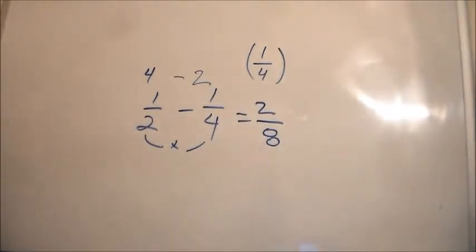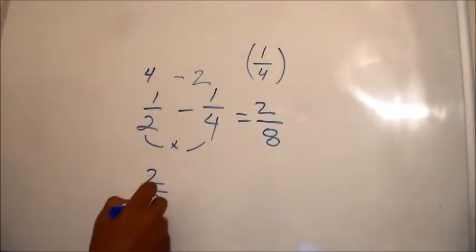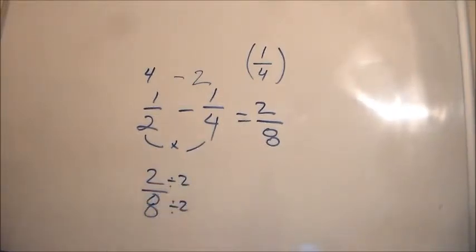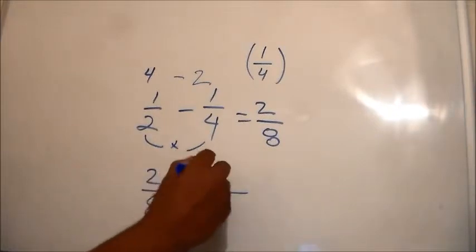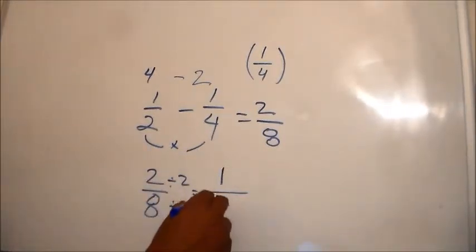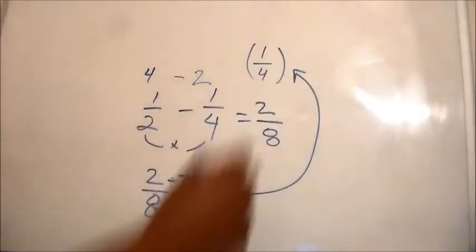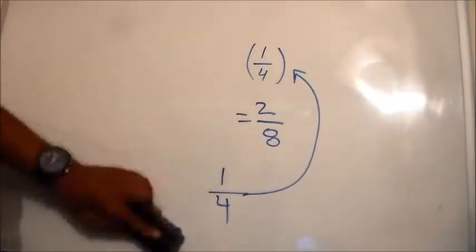Now, this is not reduced all the way. We have 2 even numbers which can be divided by 2. And our final answer, 2 divided by 2 is 1. 8 divided by 2 is 4. So you can see how we arrive back at the number we calculated doing the old-fashioned way.